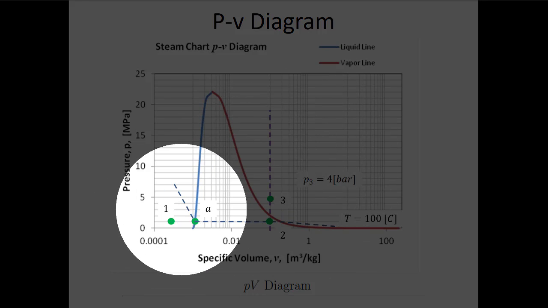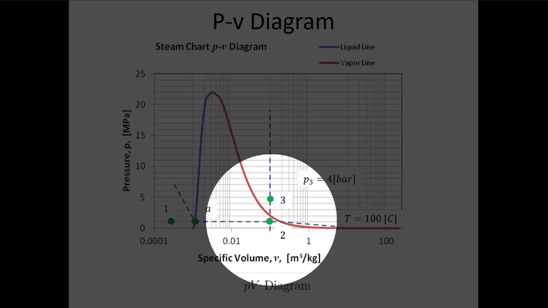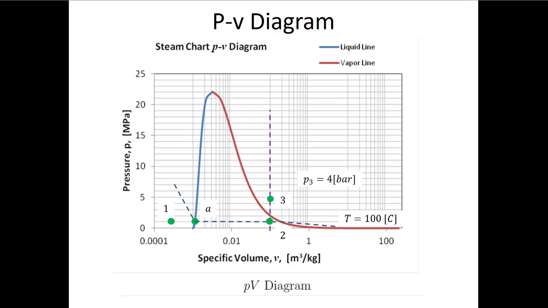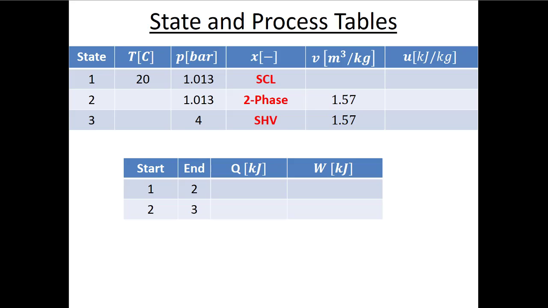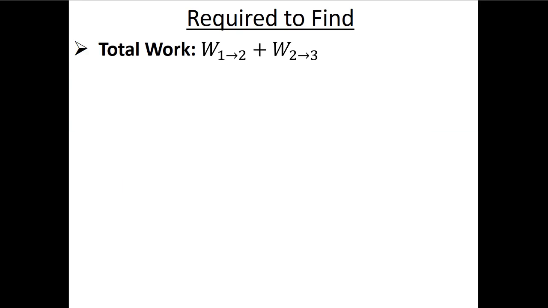So this is from state 1 to state 2, some constant pressure. From state 2 to state 3, some constant volume. So I don't even know what the numbers are, but at least I've drawn sketches of what the PV and TV diagrams look like. So now I'm going to try to go through some symbolic solutions here, right?